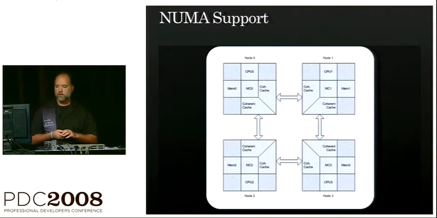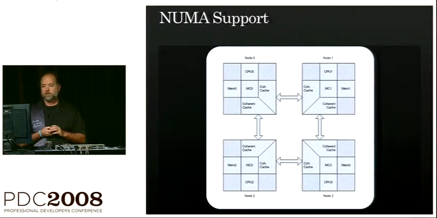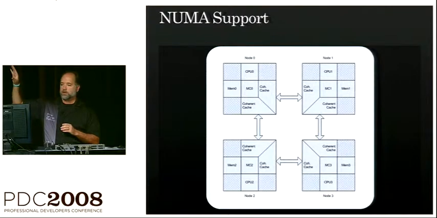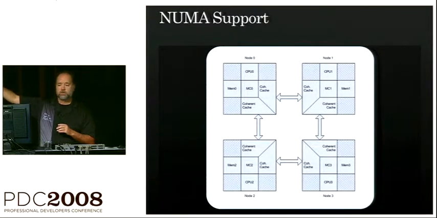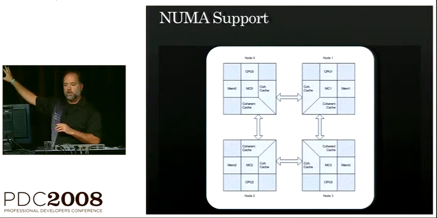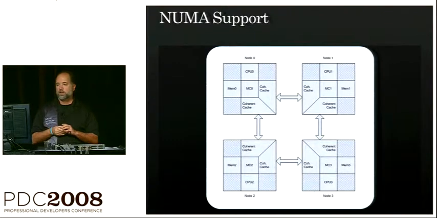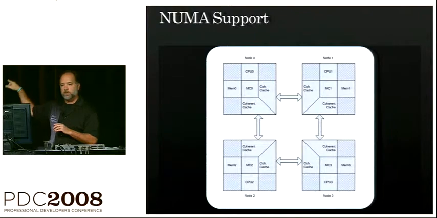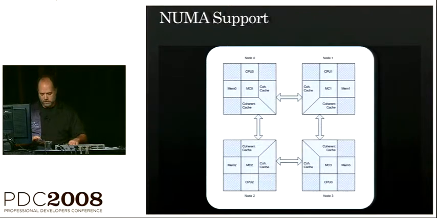Here's a picture of what this looks like. In this picture, the first NUMA node, the top left NUMA node, can access memory within its own NUMA node very quickly. Access from the top left to the top right pays a latency cost. And access from the top left to the bottom right pays an even higher latency cost because there's a double hop involved.